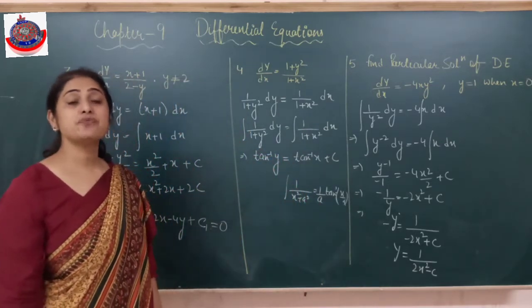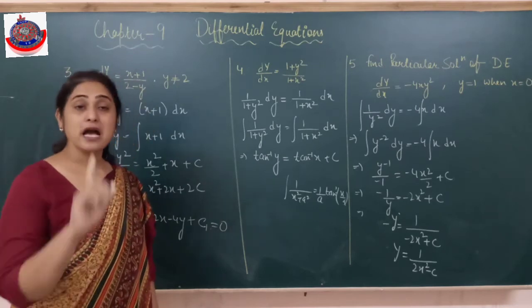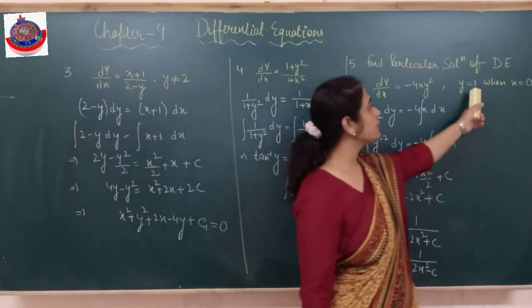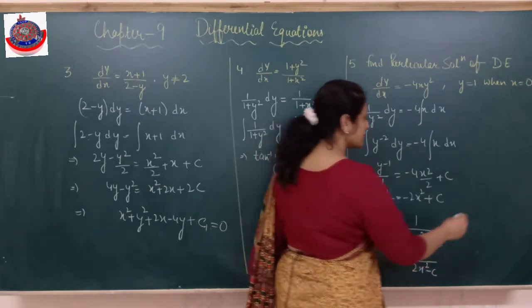Now they are asking me to find out the particular solution. A particular solution is one in which no arbitrary constant appears, c should not be there. So to find the value of c, the values of x and y are given. So put it here.